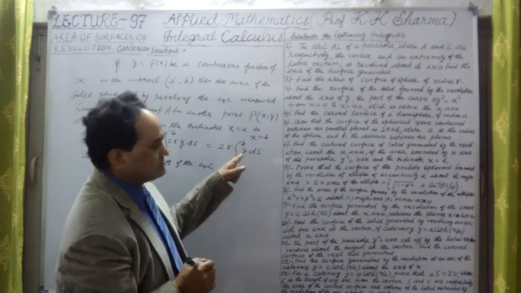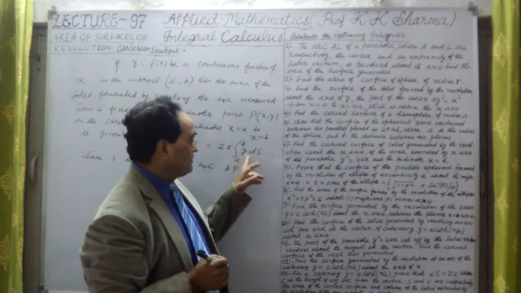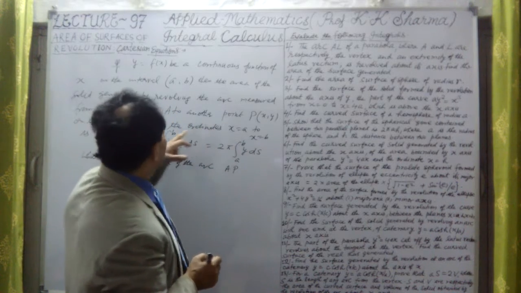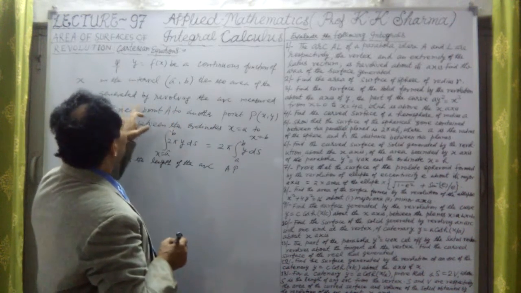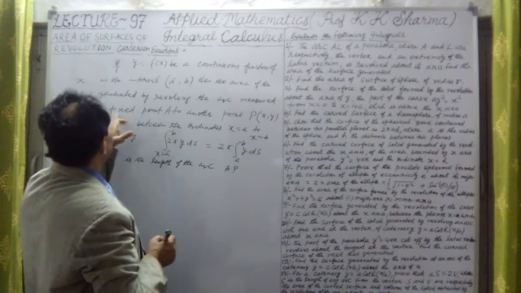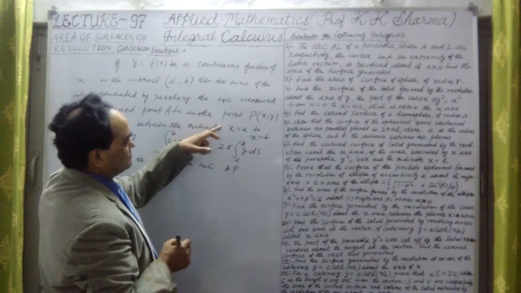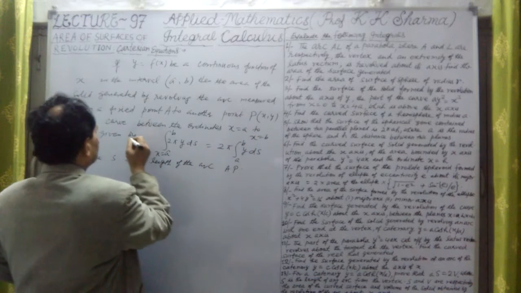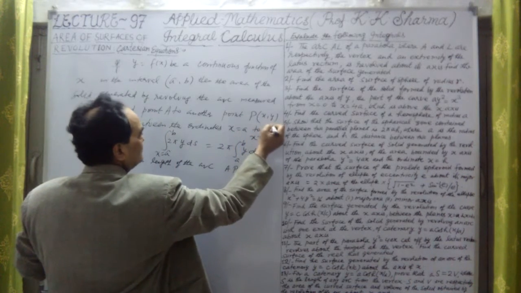This is the formula with y ds when the curve is revolved, generated by revolving the arc measured from a fixed point A to another point P about the axis of x.